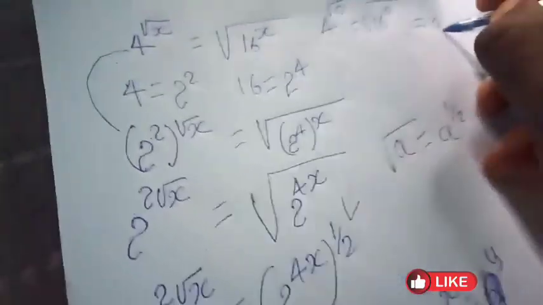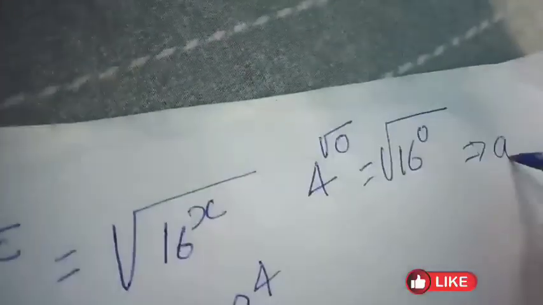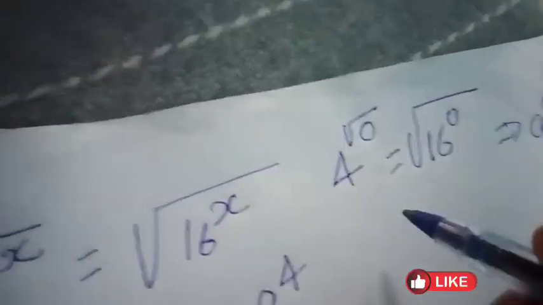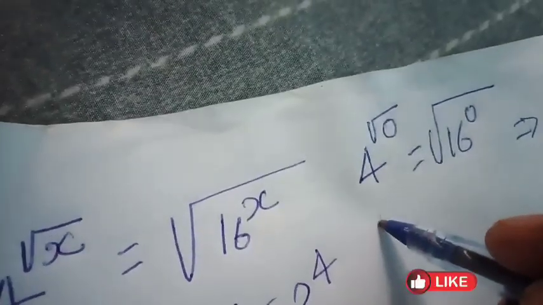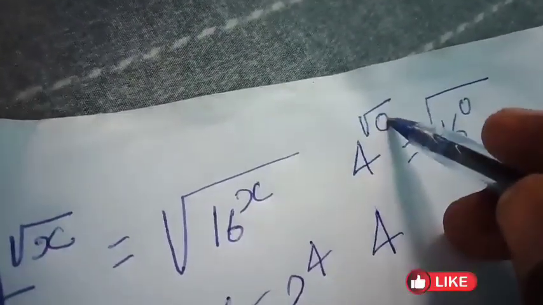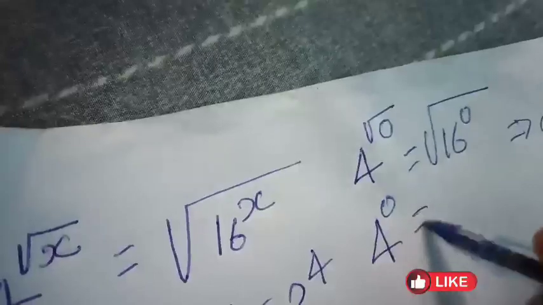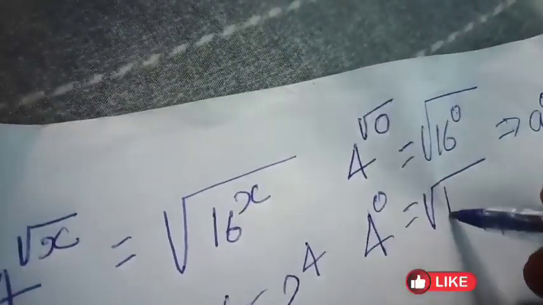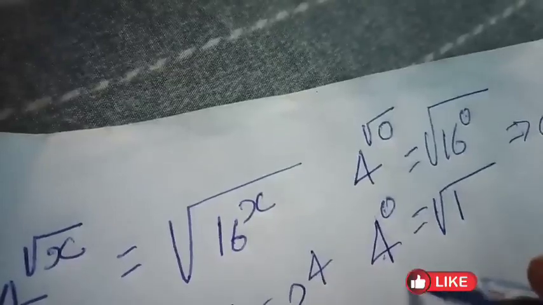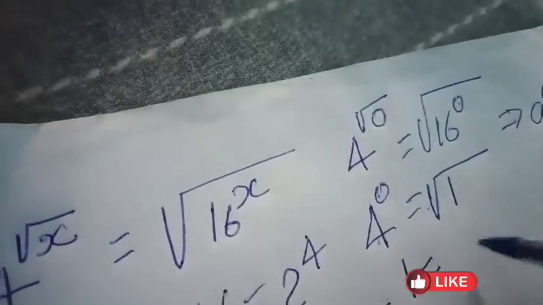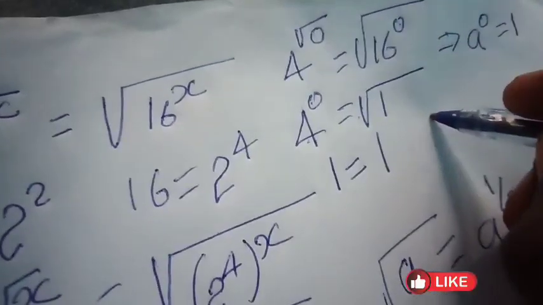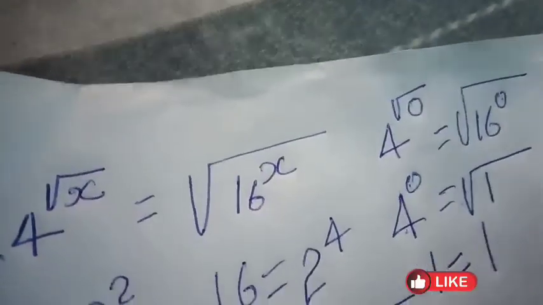Now a to the power of 0 is equal to 1. 4 to the power of radical 0, which means 0, is equal to radical 16 to the power of 0, which is 1. So 4 to the power of 0, 1, is equal to radical 1, also 1. The answer is correct.